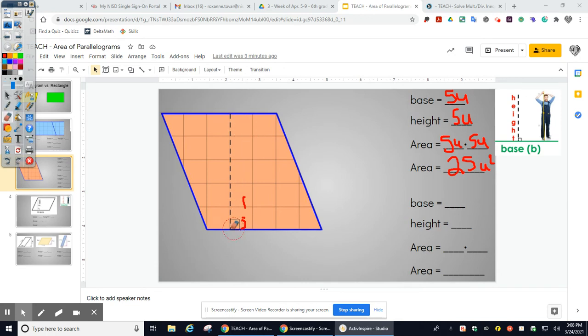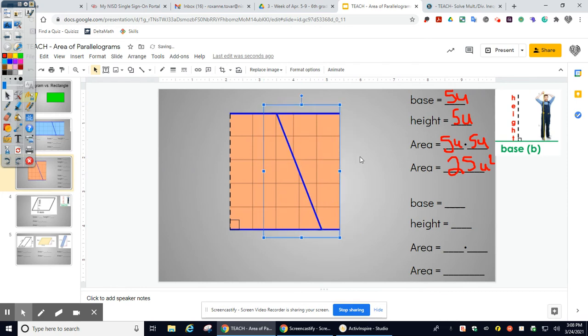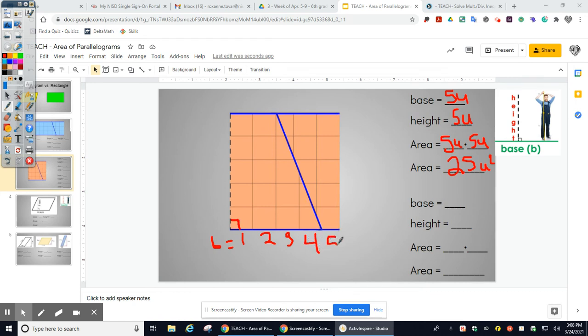Now, let's check again when we move this parallelogram around and turn it into a square. Or you can still even call this a rectangle, right? So we still want our base and height to form that right angle. So let's calculate our base. Our base is 1, 2, 3, 4, 5.